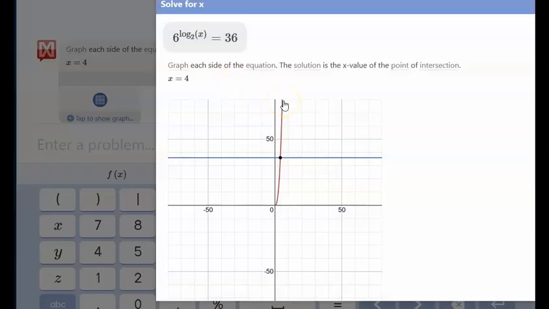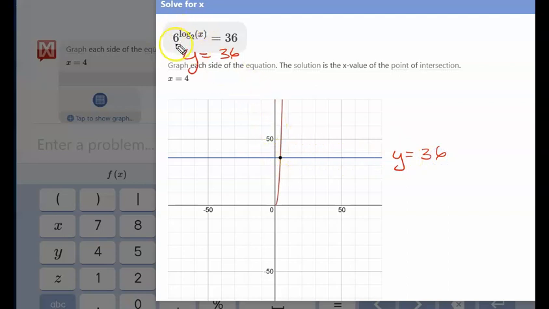So one of the methods for solving this is to graph them. So here we can think of this as y equals 36. And that's this horizontal line, y equals 36.